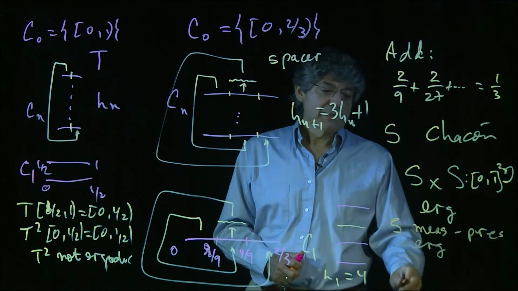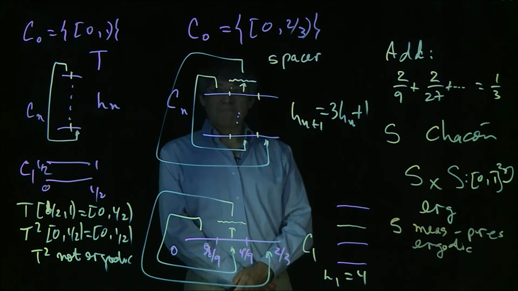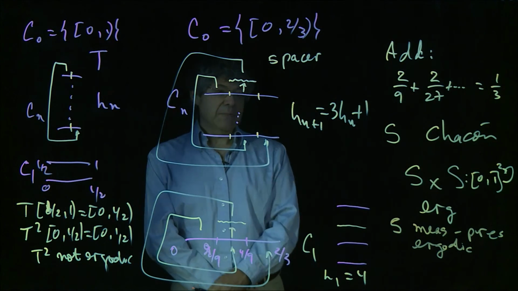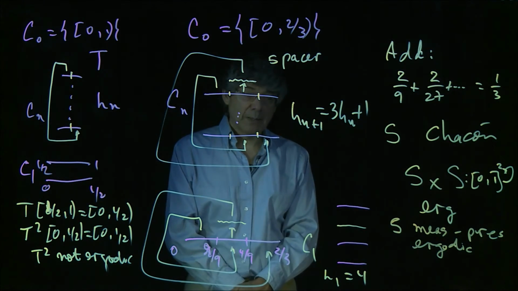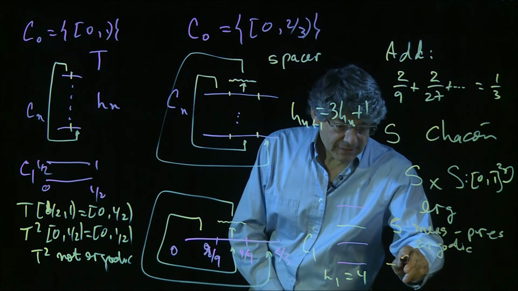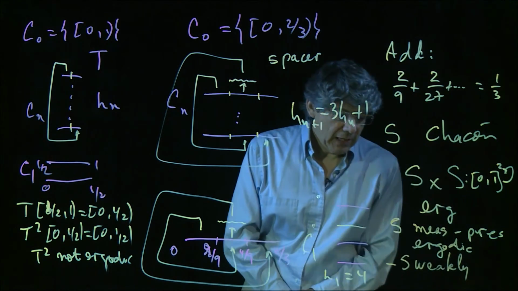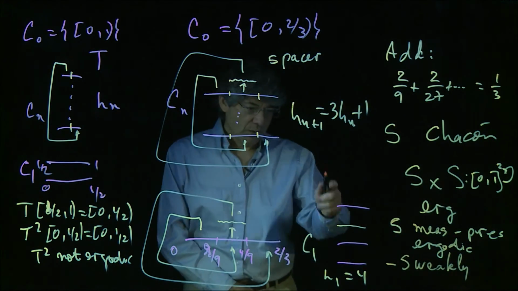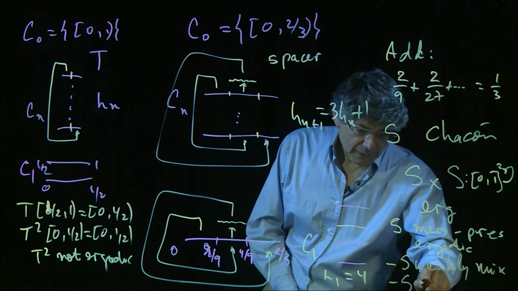The argument that it is measure preserving and ergodic is essentially very similar to the one we gave for the Kakutani von Neumann transformation. The new properties that we will prove, in a forthcoming presentation, are that S is weakly mixing, and S is not mixing.